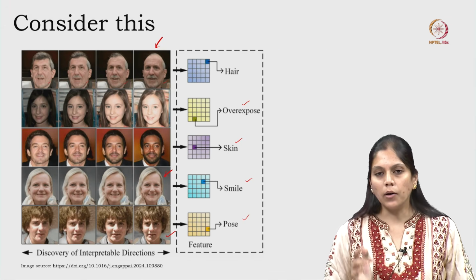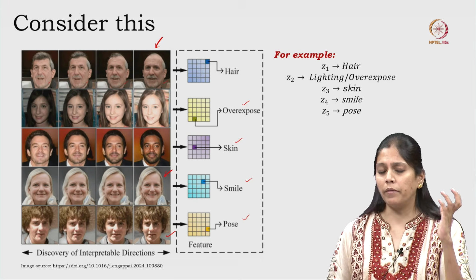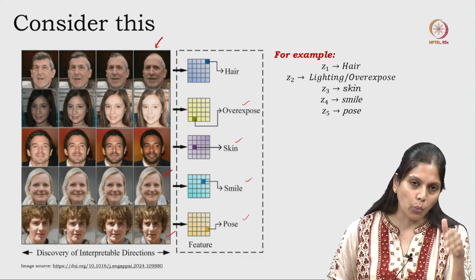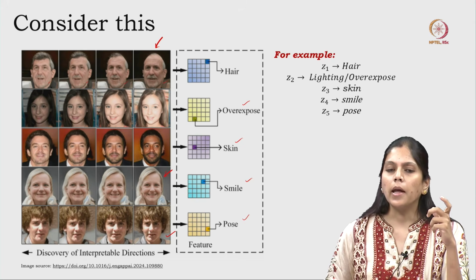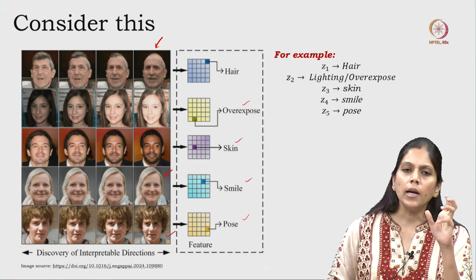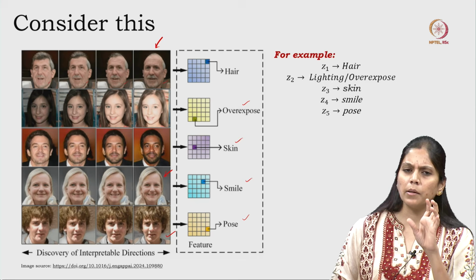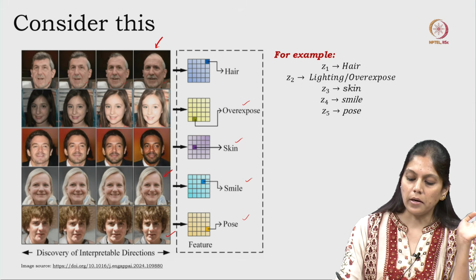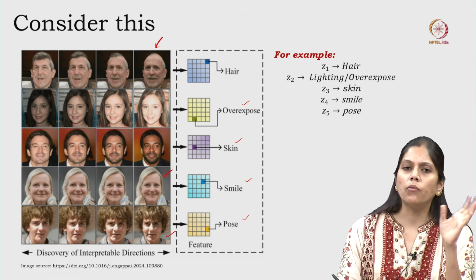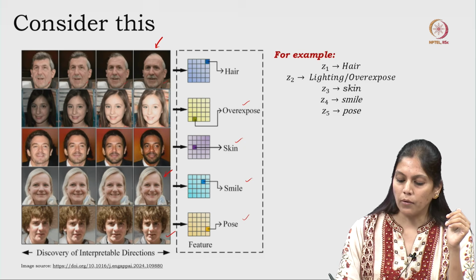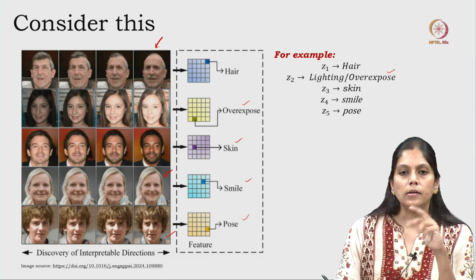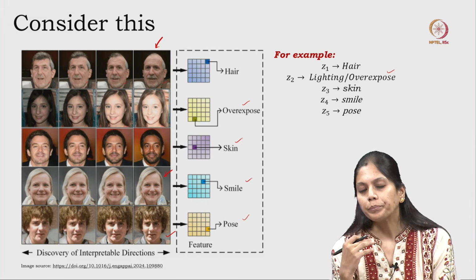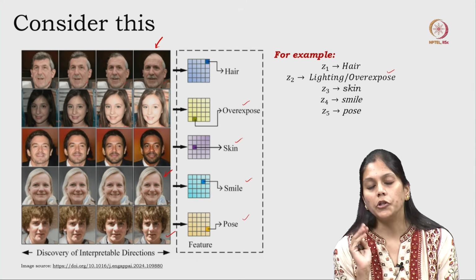Instead of that, can we do something like this? If I have a latent representation size of 5, and the important variations here are 5, can I make the model where each latent representation is primarily focusing on only one variation? Which means the latent representation Z1 is primarily focusing on hair, Z2 on light, Z3 on skin, Z4 on smile, and Z5 on pose.